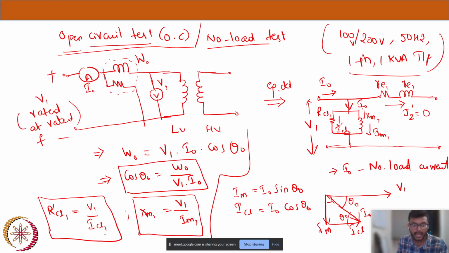So how to get this ICL and IM? Because you know I naught and you know theta naught, you will get IM and ICL. You substitute here and you will get RCL and XM.